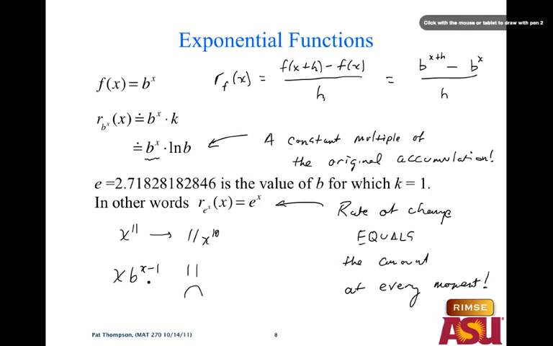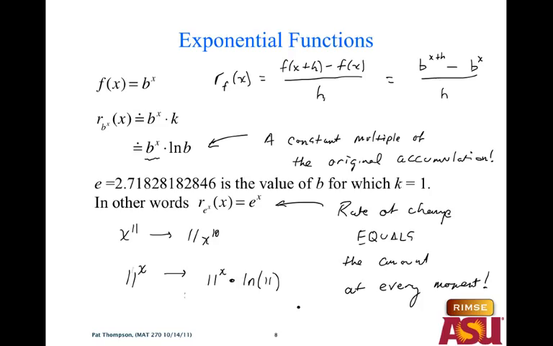When the x is in the exponent, that is the exponential rule, natural log of b. So somehow organize your brain to distinguish between those so that you recognize what you're working with at any given time.